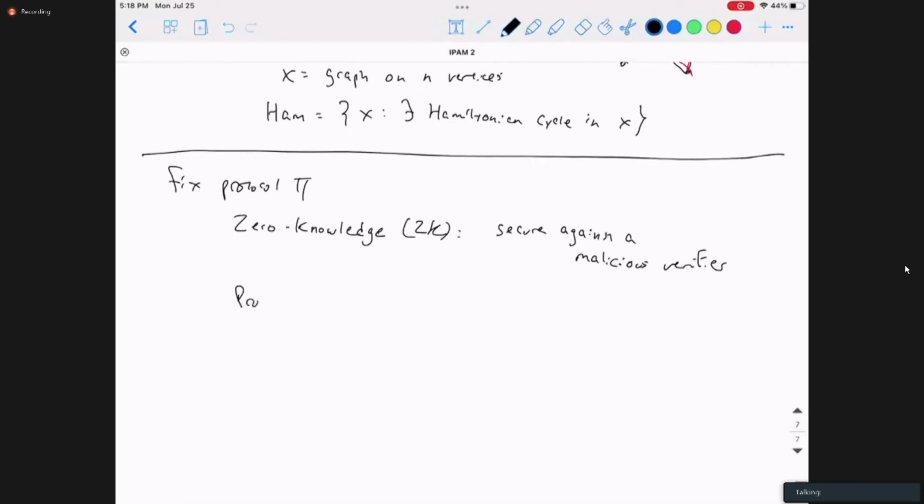And then the second property is what I'll call a proof of knowledge, that I'll abbreviate by POK. And this is going to handle security against a malicious prover.